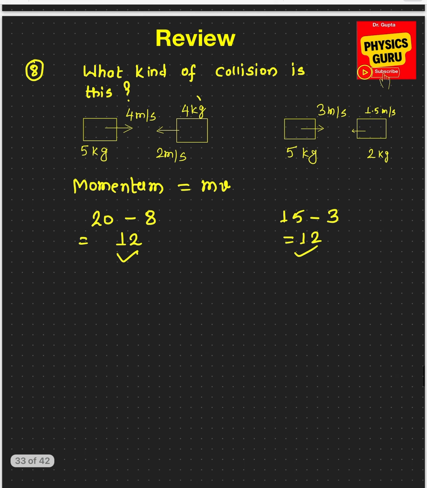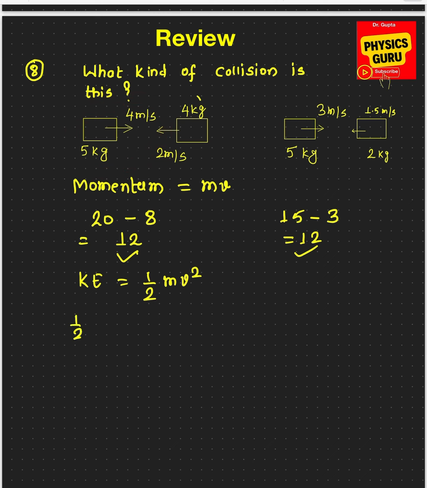If you remember, in elastic collision, the total kinetic energy before and after is equal. So we have to find out the total kinetic energy before collision. What is the formula for the kinetic energy? The kinetic energy formula is half mv squared. Let's find out the kinetic energy of this object.